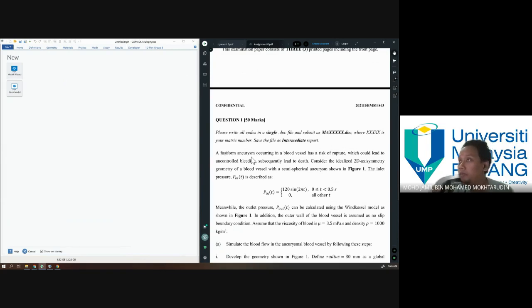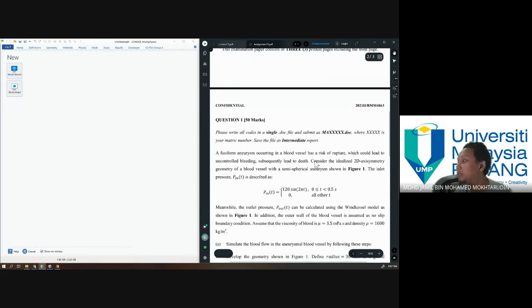Most of the time, the occurrence is because of aneurysm. So aneurysm is like the blood vessel becomes like a balloon, okay? It comes out like a bulge, like there is a balloon. So it ruptures, and when it ruptures, blood comes out from the blood vessel and can cause death.